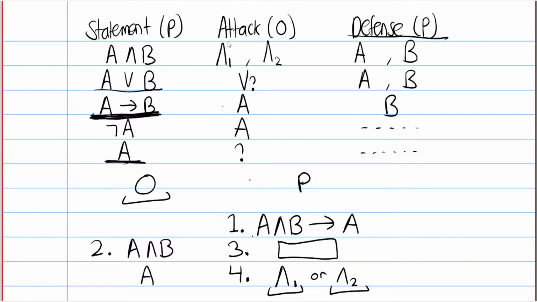We want this move because it forces our opponent to mention the left-hand side. If you use this attack, the defense has to be whatever's on the left. If you use this attack, then the defense has to be whatever's on the right.